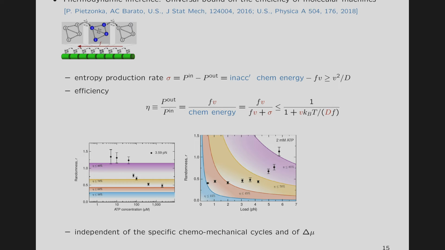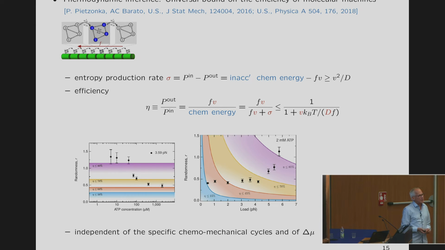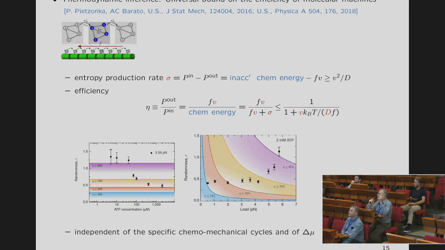Well, I don't know, this is because you define efficiency as the mechanical output. You can define Stokes efficiency, and then it's a different story. And I don't have this for Stokes efficiency. So how can we experimentally test? Well, you repeat Bloch's experiment. You apply a constant force. That's what tweezers are for.